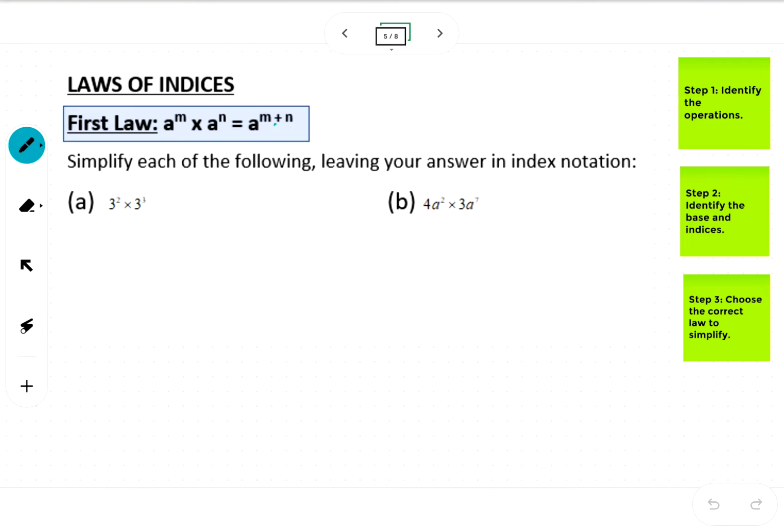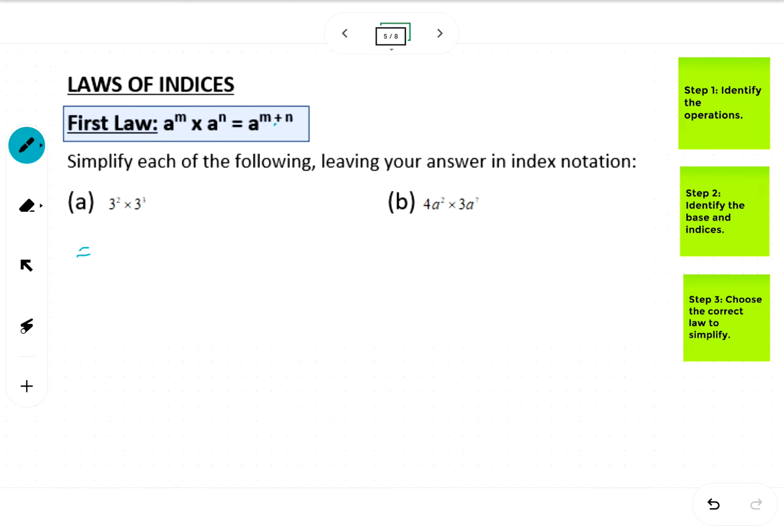For these 2 questions, we'll be using law number 1 to answer. Okay, 3 square times 3 cube. The question here: simplify each of the following, leaving your answer in index notation. So your answer must be in index notation with a base and an index.